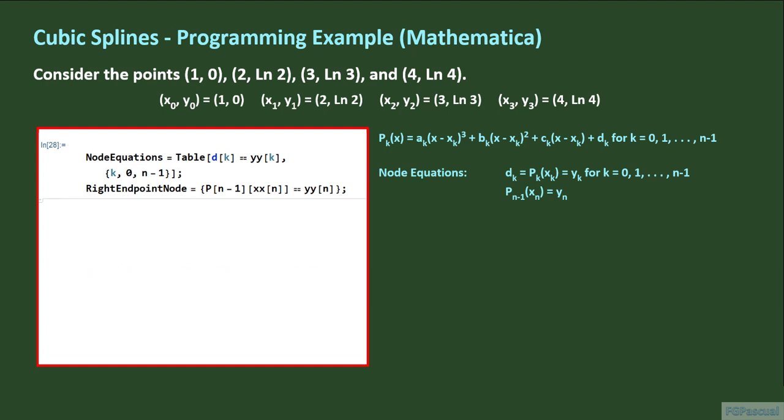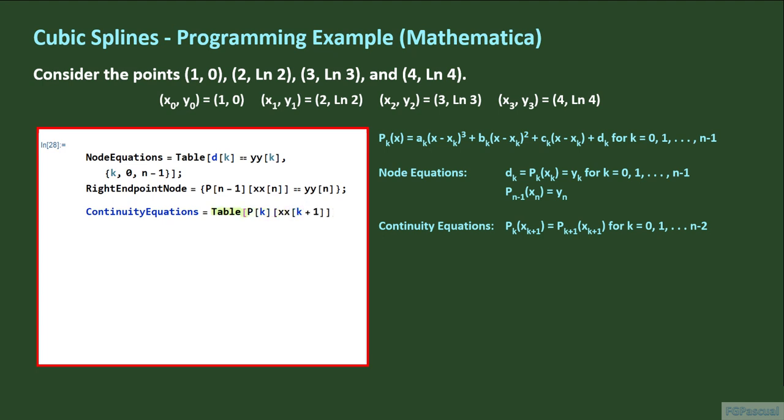Next, we have the continuity equations. For this, we will use the table command. And so we write Table of p sub k of x sub k plus 1 double equals p sub k plus 1 of x sub k plus 1.